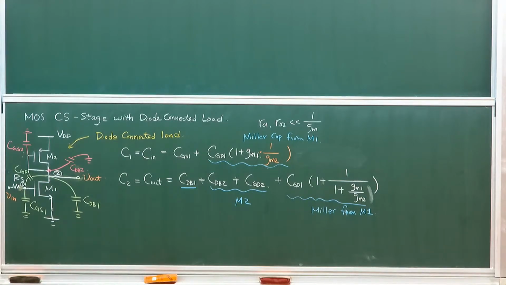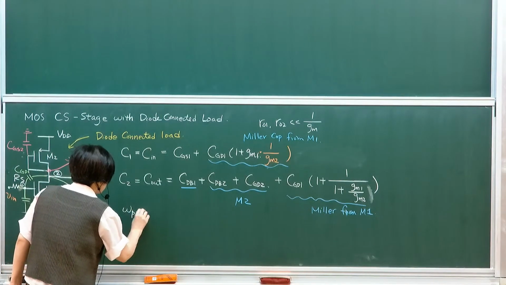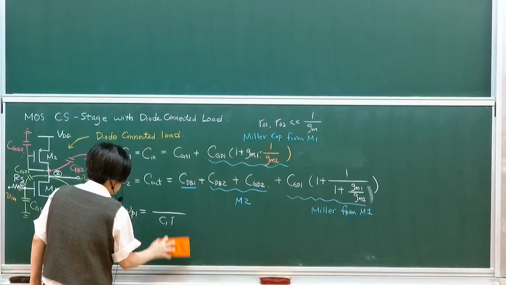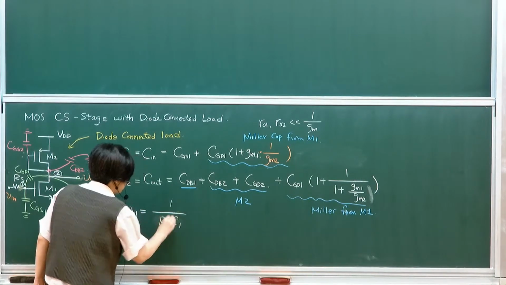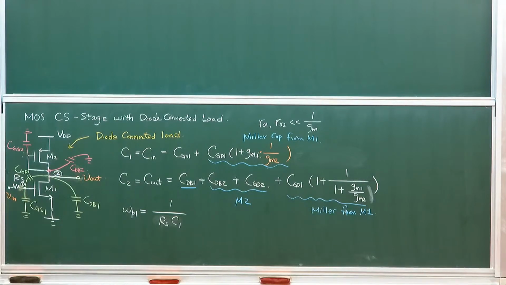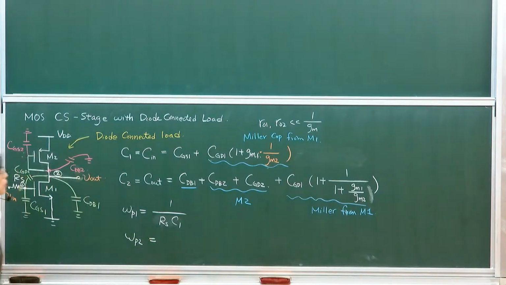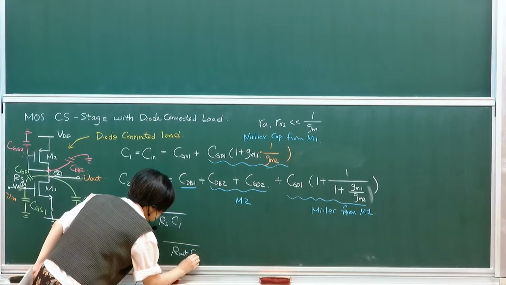So let's write down the poles. If I ask you to find the poles, omega P1 will be 1 over RS C1, the source resistance times C1. And omega P2 will be a high frequency pole, because your output resistance Rout times C2.